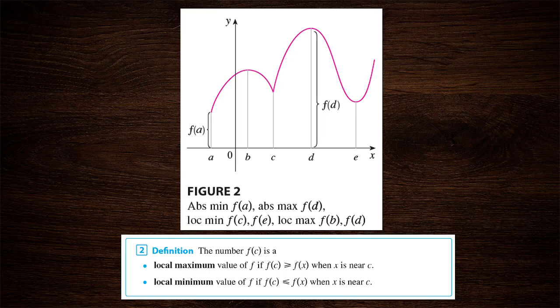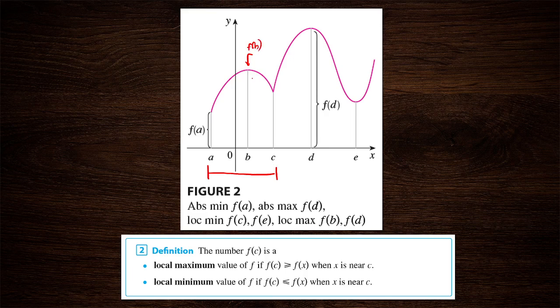What is meant by that? Let's say that we have an interval from a to c. Considering just this part, from a to c, we have a maximum value of f of b.